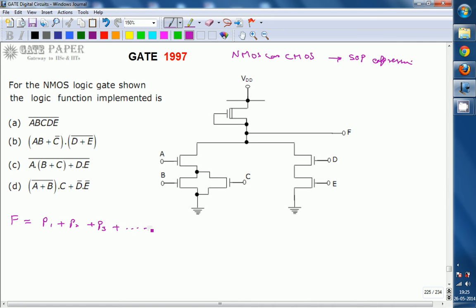So what is meant by P1, P2, P3? P1, P2, P3 are product terms arranged in parallel between the output node and ground.